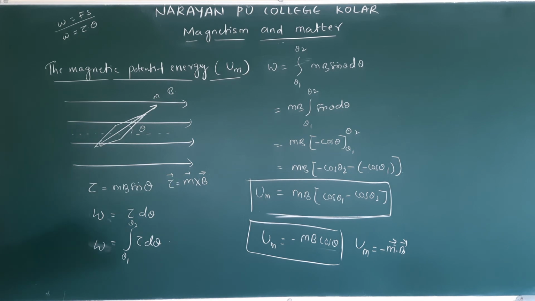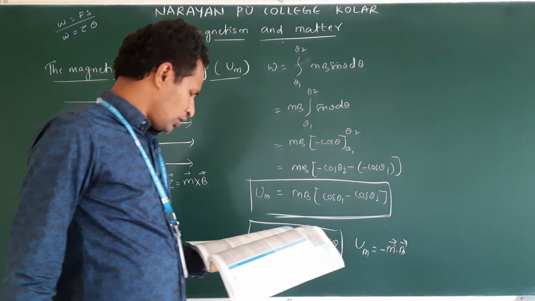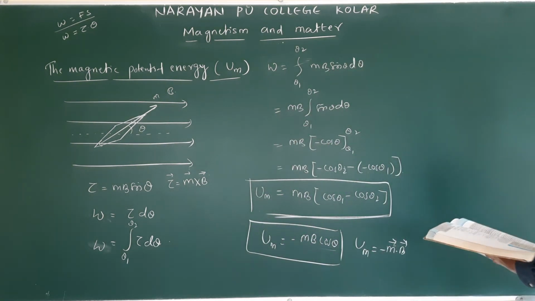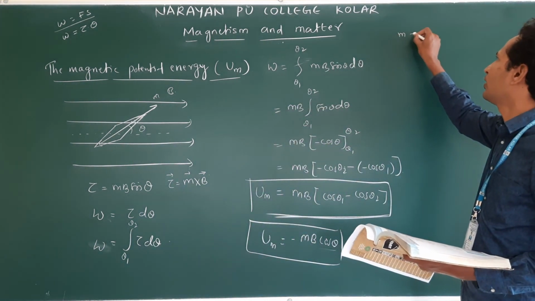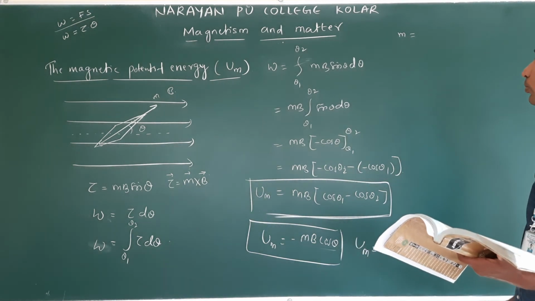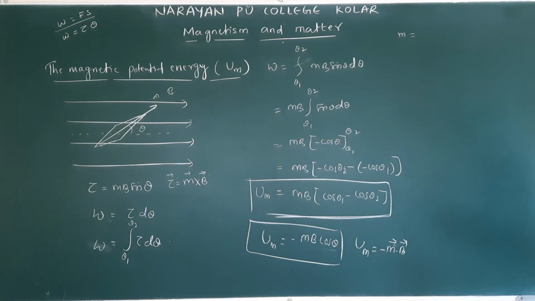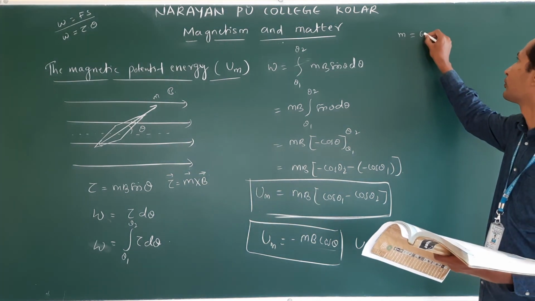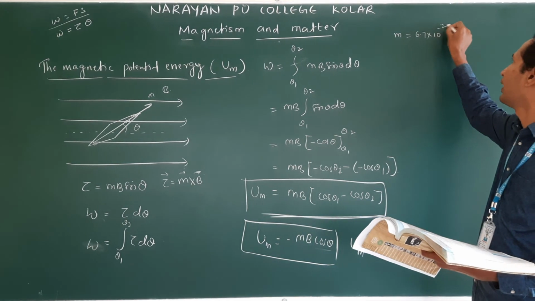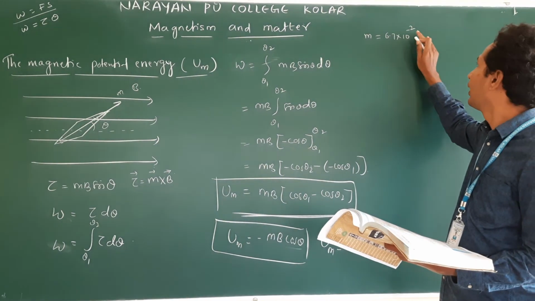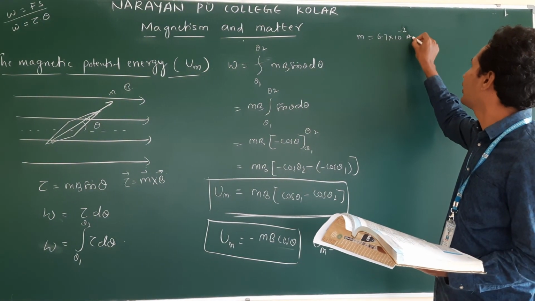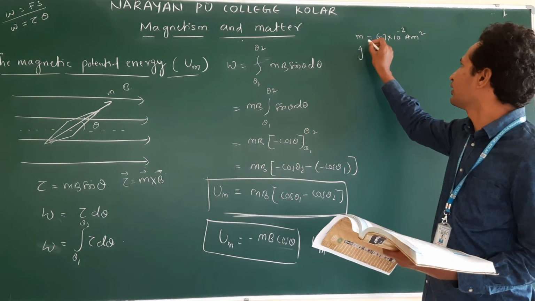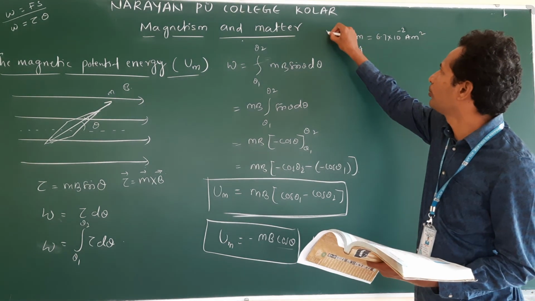Now we will try to solve one problem. The magnetic needle has a magnetic moment, small m. Magnetic moment is small m, not mass here. In this lesson, small m is the magnetic moment. This is 6.7 into 10 power minus 2 ampere meter square, and moment of inertia I. This is example problem 1.